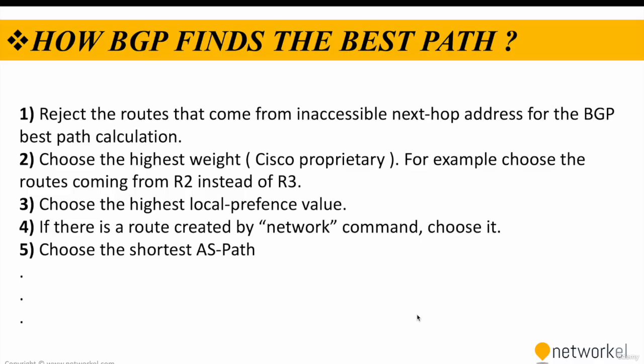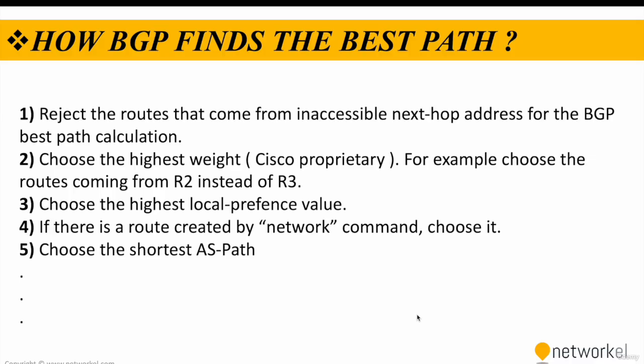If there is no tiebreaker still, BGP chooses the highest local preference value. If still there is no tiebreaker, if there is a route created by network command, BGP chooses it. Again, still, if there is no tiebreaker, BGP finally chooses the shortest AS path.